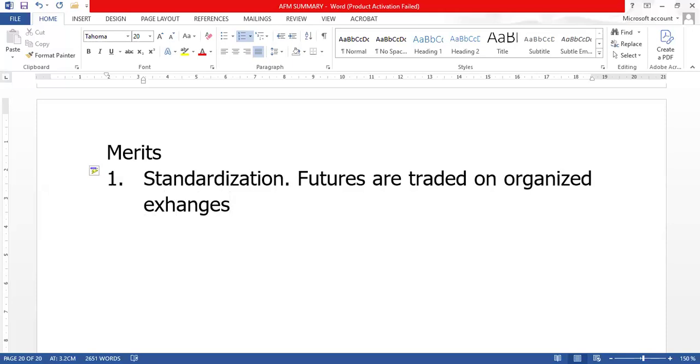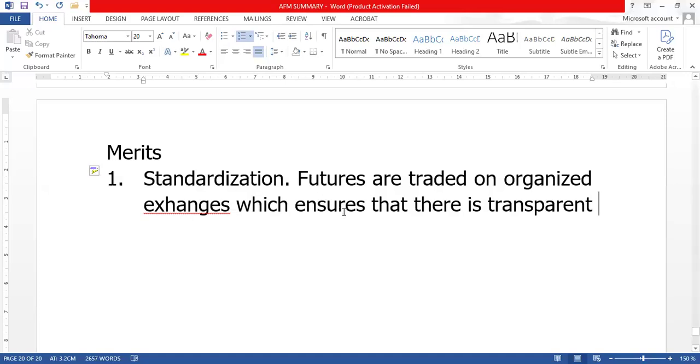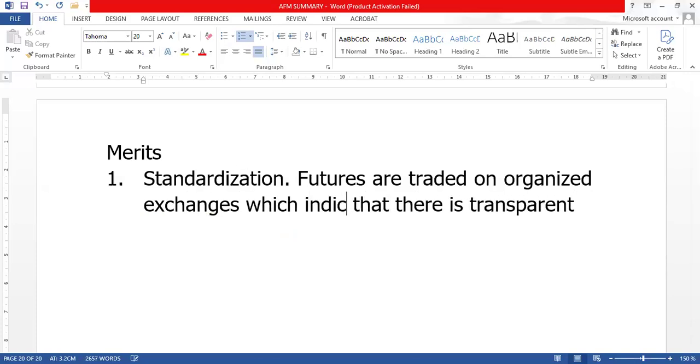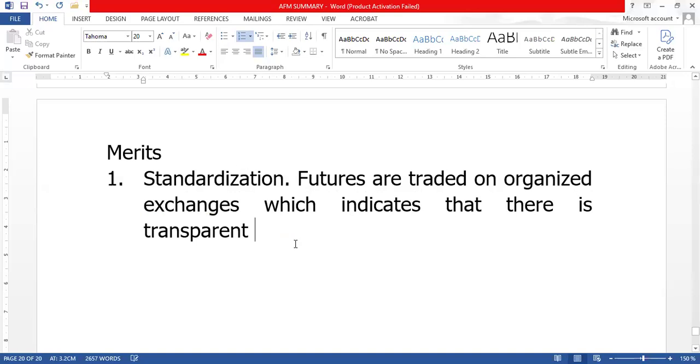Futures are traded on organized exchanges, which indicates that there is transparent pricing and standardized contracts.